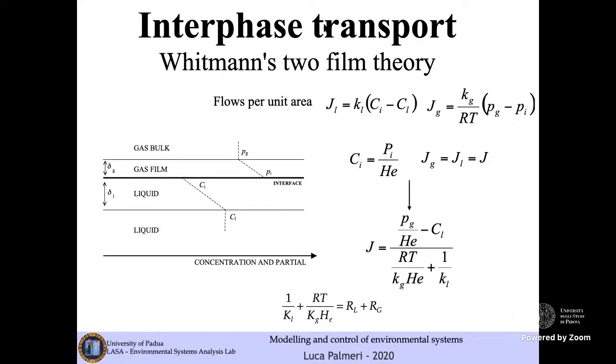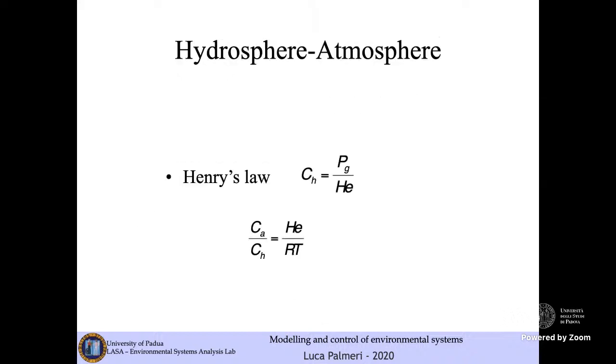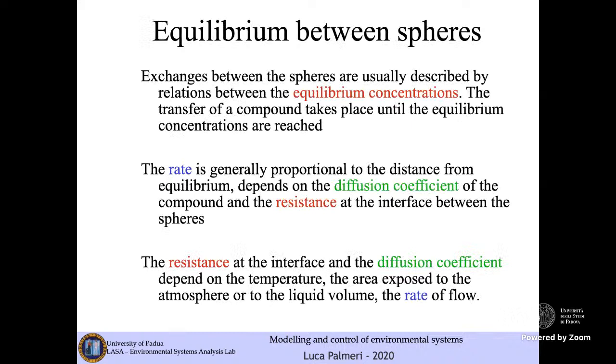We start with Whitman's two-film theory. We start by computing the flow per unit area. So we define J_L, the flow through the liquid film, that is equal to a constant K_L times the difference in concentrations. Please note that I am resuming all things that we have said here. The rate generally is proportional to the distance from equilibrium, or if you want, the difference in concentration, and depends on the diffusion coefficient and so on.